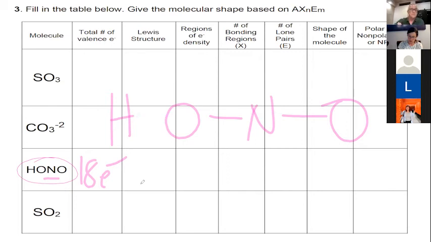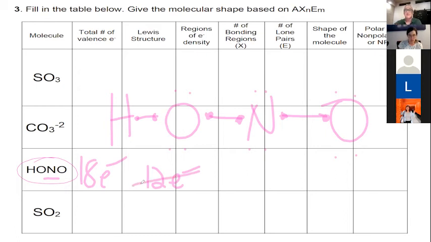So 2, 4, 6. So I have 12 electrons left. So the easiest thing to do would just be to give each one of them 4. So why don't we just go ahead and do that? So 1, 2, 3, 4, 5, 6, 7, 8, 9, 10, 11, 12. So that's all the electrons gone.